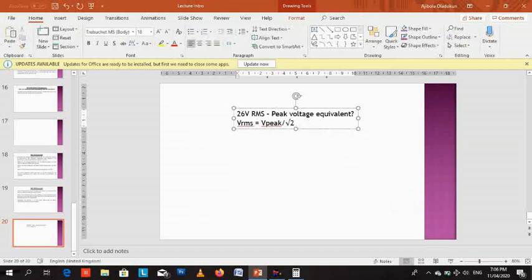RMS voltage is peak voltage over root 2. With that, you can determine V peak by making V peak the subject of the formula. So V peak is equal to VRMS multiplied by root 2.